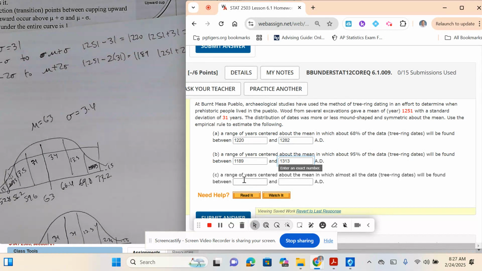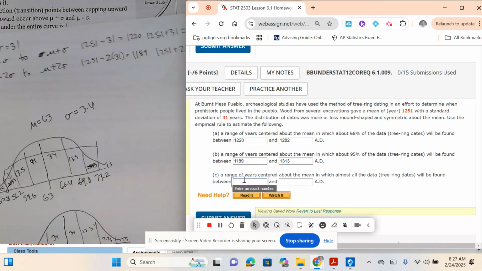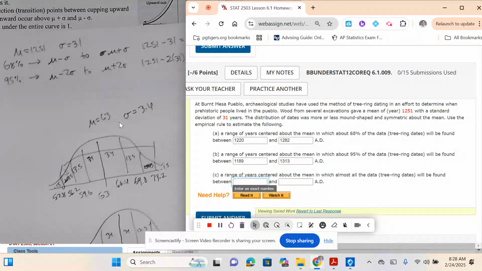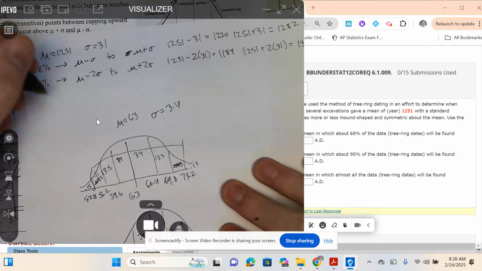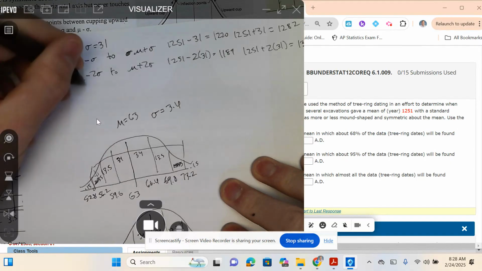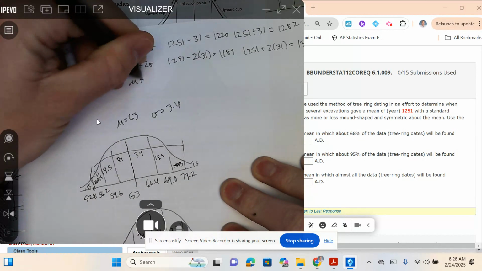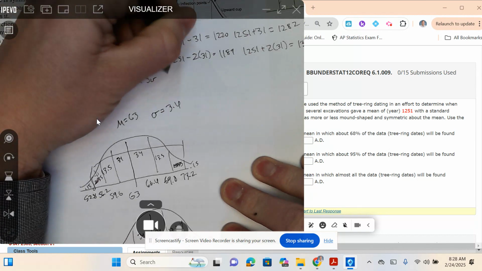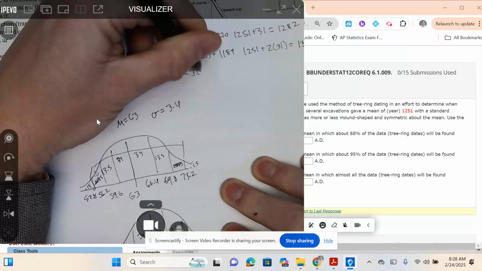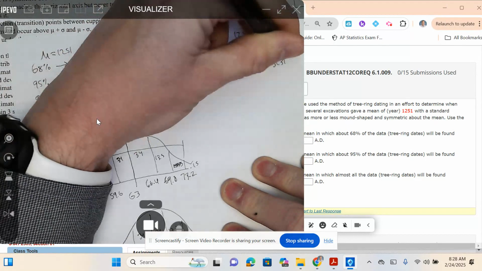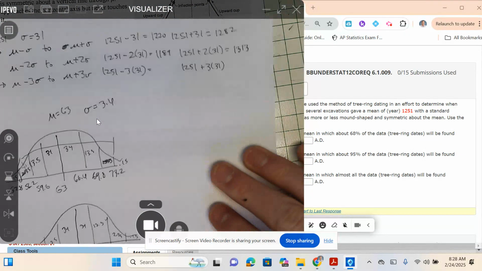The range of years where almost all of the data falls is a reference to 99.7% because that's almost everything. That's within three standard deviations. So for the last one, you're going to do three standard deviations. So that's mu minus 3 sigma to mu plus 3 sigma. 1,251 minus 3 times 31, and 1,251 plus 3 times 31.